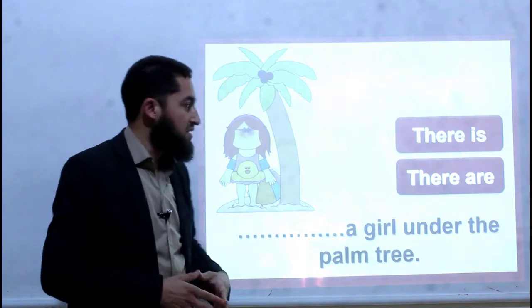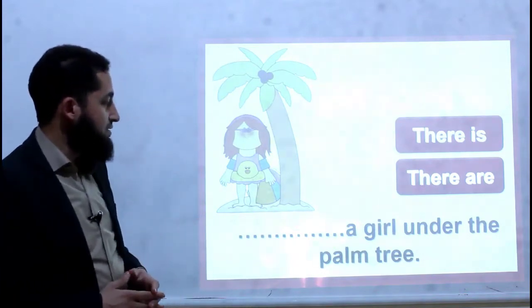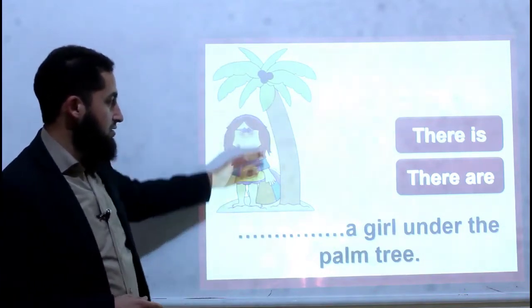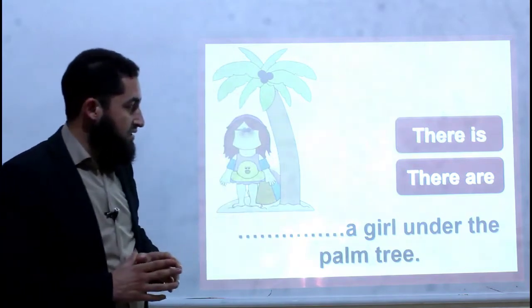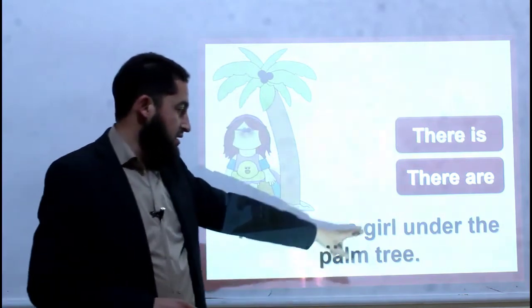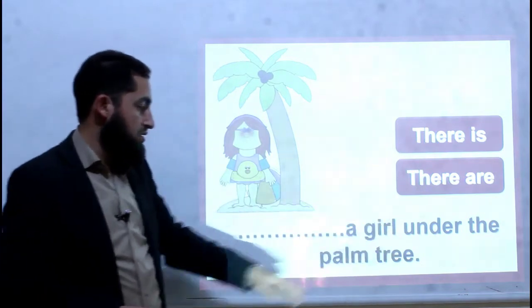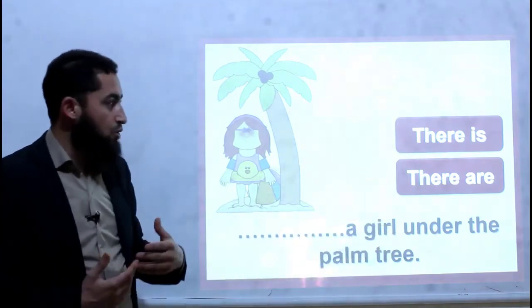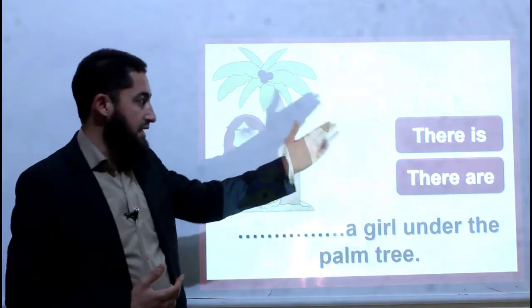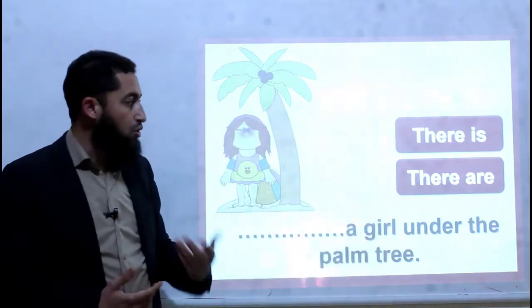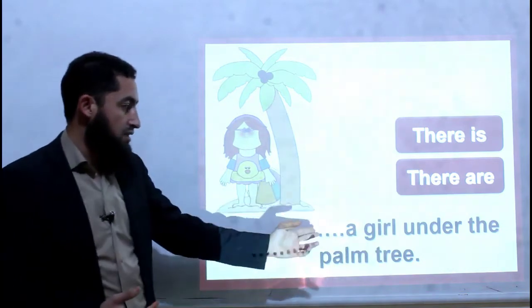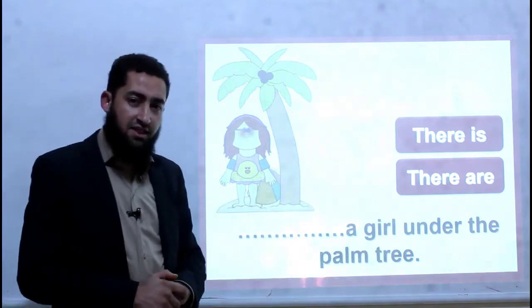Okay. The next example, we have a girl and a palm tree, and the sentence is a girl under the palm tree. So is it there is a girl under the palm tree, or there are a girl under the palm tree?